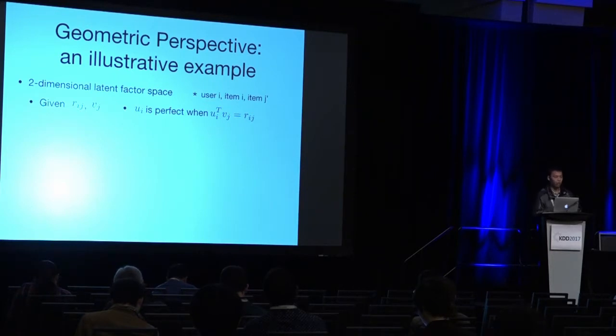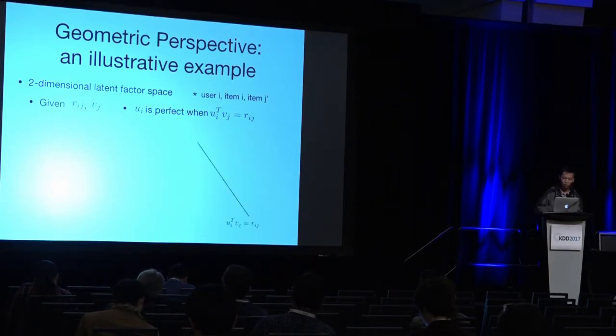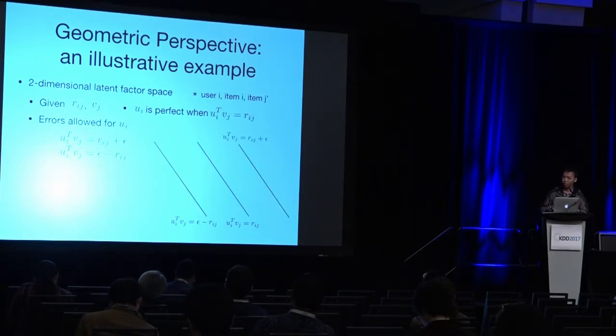Now suppose we have a 2-dimensional space, and we are given the rating Rij and the item vector Vj, and now we can have a perfect Ui, which is on the blue line. And suppose we also allow an error, which is epsilon, and we can have the solution space between these 2 red lines.